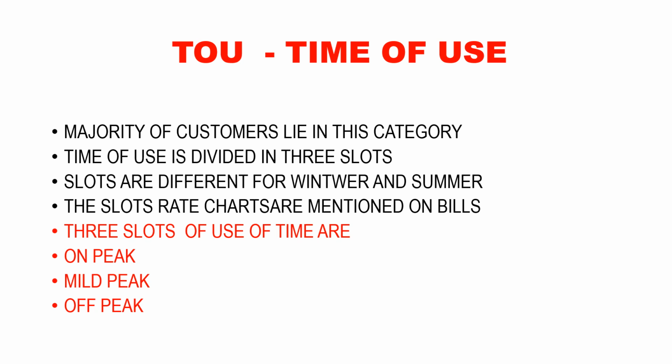The slots are on peak, mid peak, and off peak. These three terms are used in Canada. They are not used in Pakistan or India, etc. In some countries, you will see only the peak hour and the off peak hour, but here they divide it into three. So this is important.